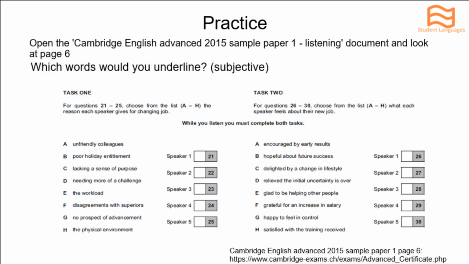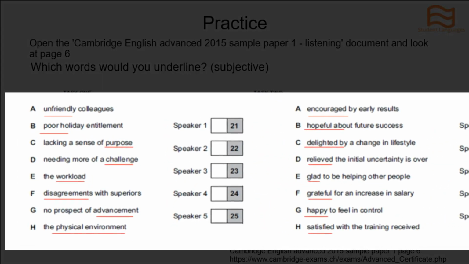Okay, so let's have a look at the words which I underlined. There we are. So in A, I underlined unfriendly and encouraged, and this is just helping me to focus on these parts of the sentences.